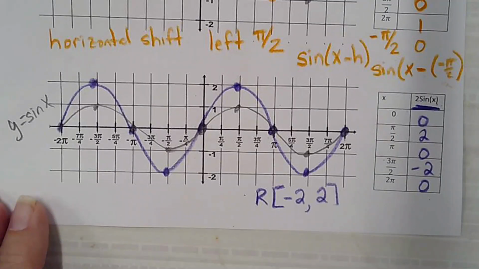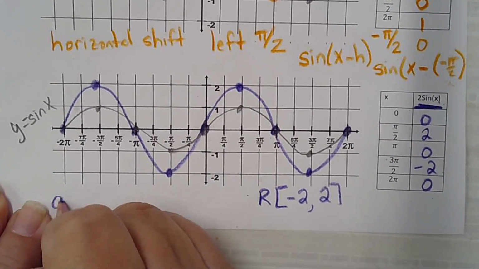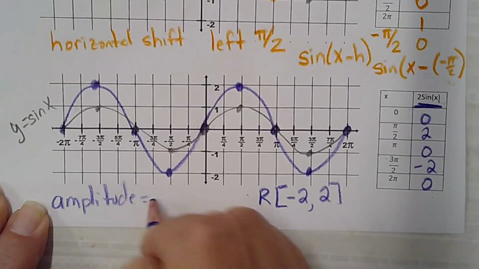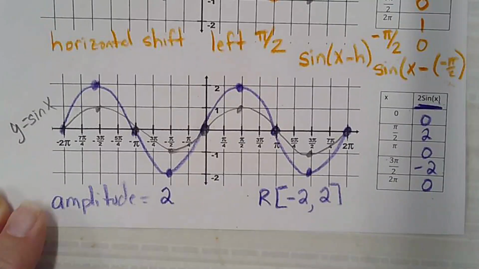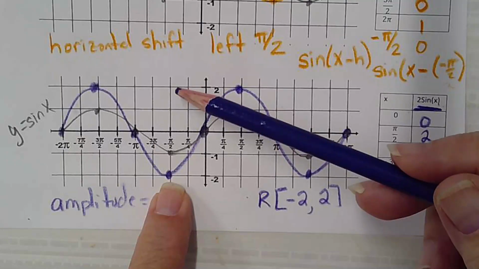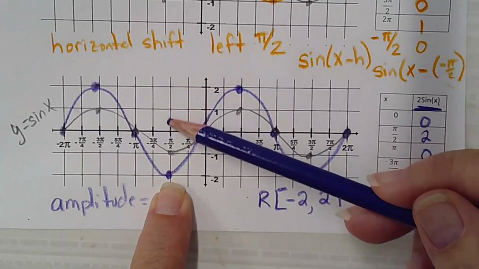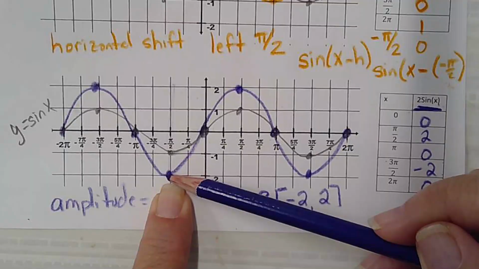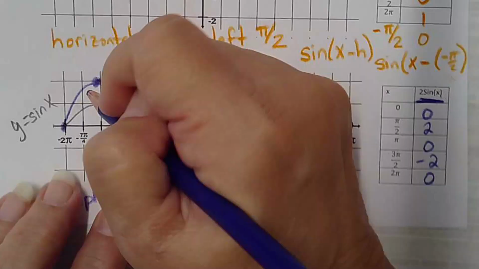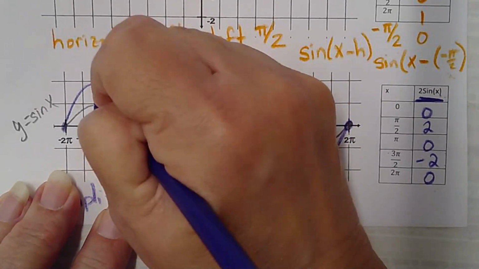What is our amplitude now? The amplitude is now 2 because we take the average of negative 2 to 2. That's 4 spaces. Cut that in half. Your amplitude is 2. So your amplitude is this much right here.